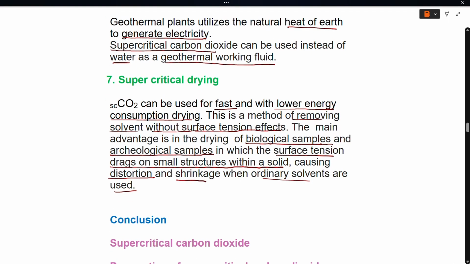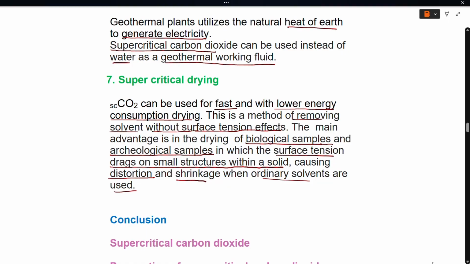And again for supercritical drying, it takes very low energy to remove the solvent, and because it has low surface tension, it does not damage the substance from which it is being removed.